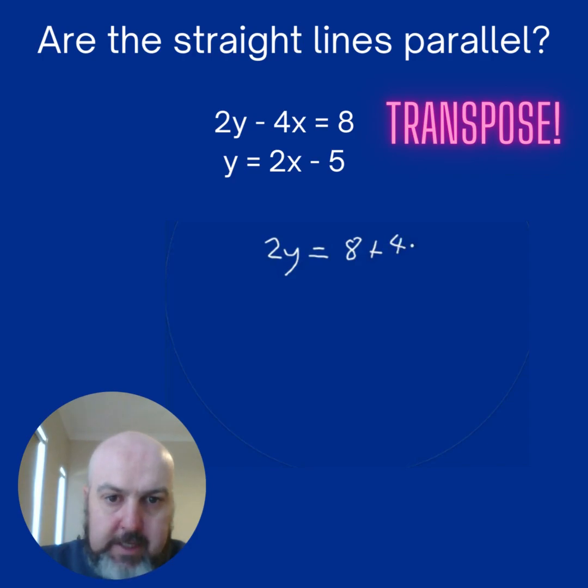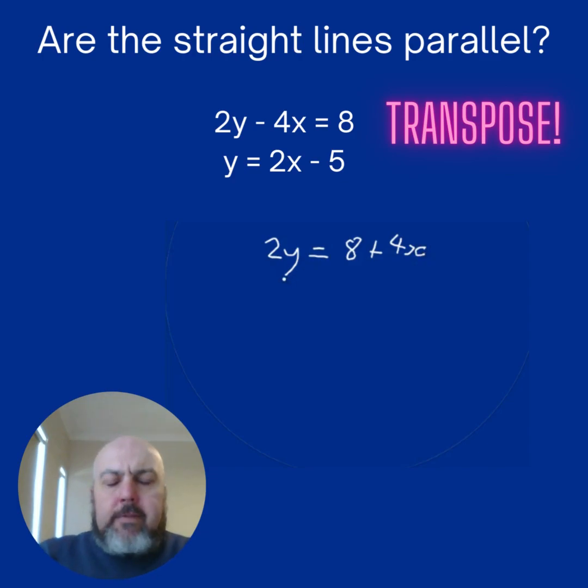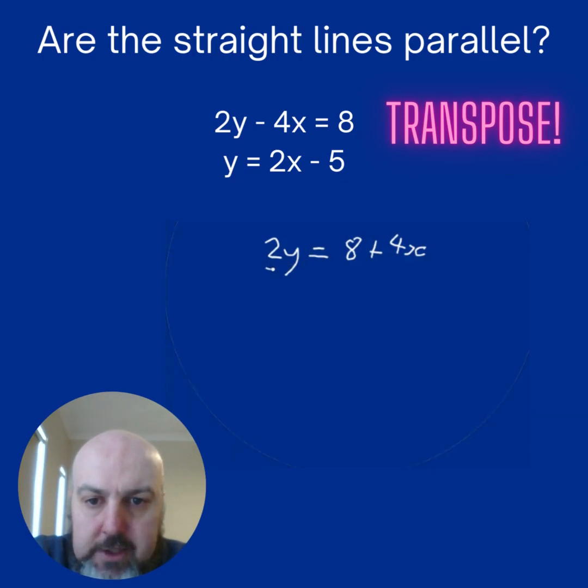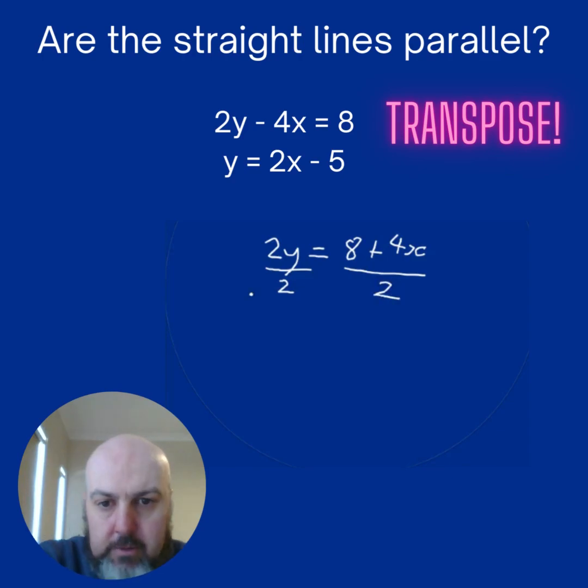As I write this in, there we go. The final step, we've got to get y on its own. If this is multiplied by 2, the opposite is to divide each side by 2. Because these are both divisible by 2, I can end up with whole numbers.